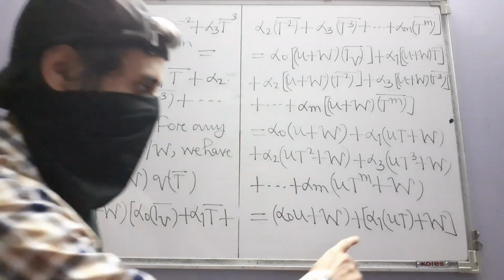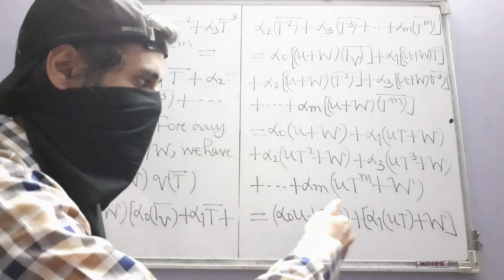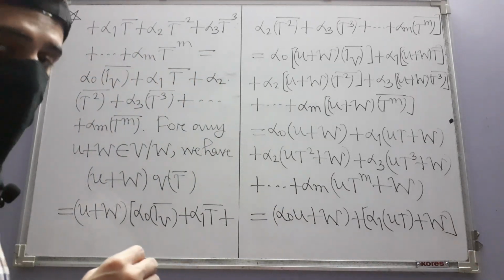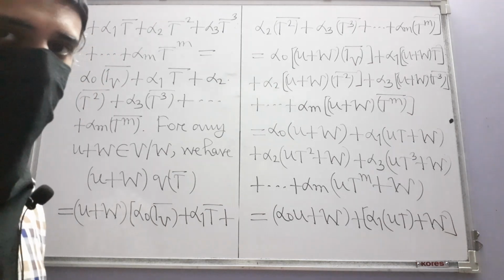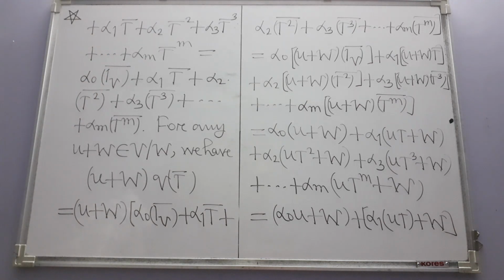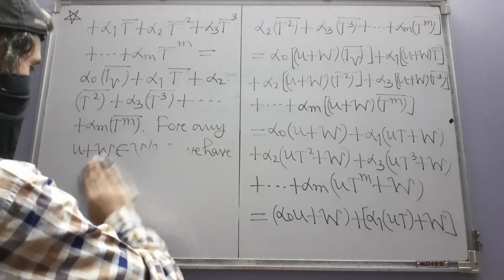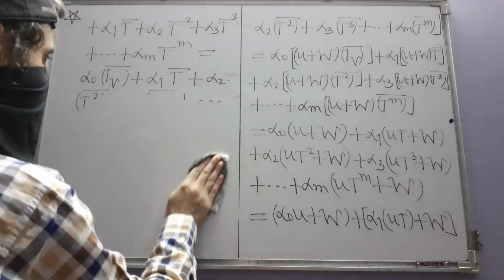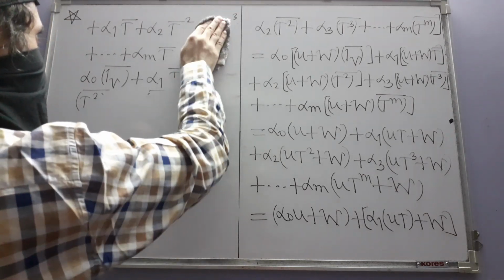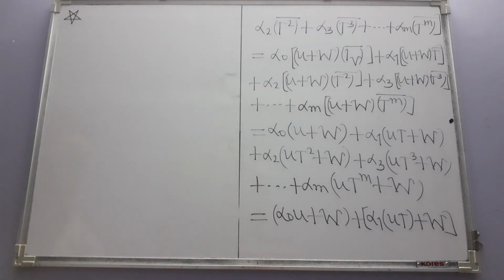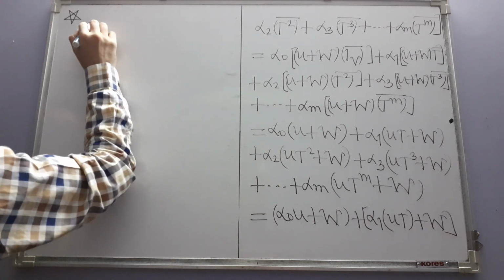So I do not carelessly write alpha 1 ut without any brackets, because at that point things become confusing. But there are other terms also.